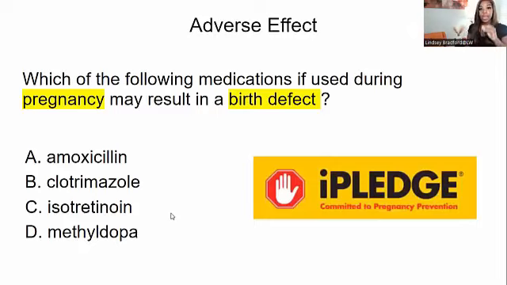Adverse effects. Because I get this question all the time: are the adverse effect and side effect the same? No. A side effect is just something that happens, right? So sometimes when people eat dairy, they may have a side effect that they may be gassy.